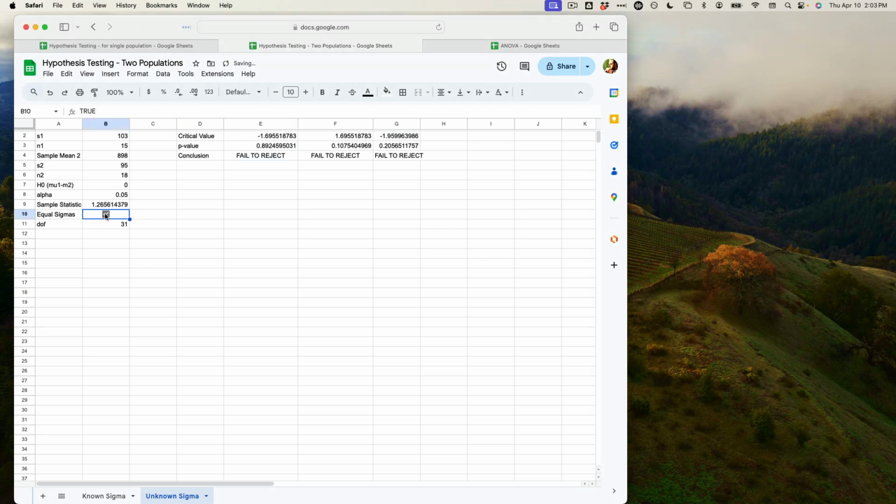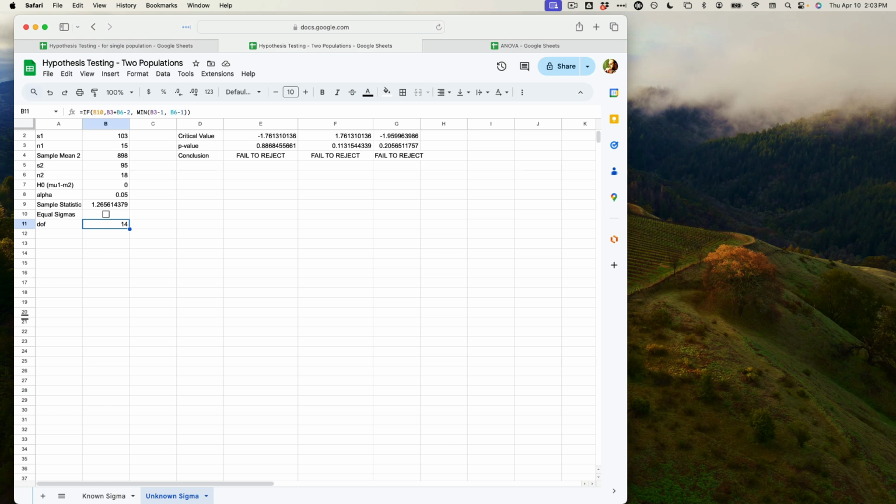If you assume you have equal sigmas, then you change your degrees of freedom, and then your formulas would change accordingly based on whether you're pooling things or not. And based on that, we were able to compute our, well, actually, we didn't finish here, right? We were not done yet over here. Correct? So I think we left off just putting this here and putting the conditional on the degrees of freedom.